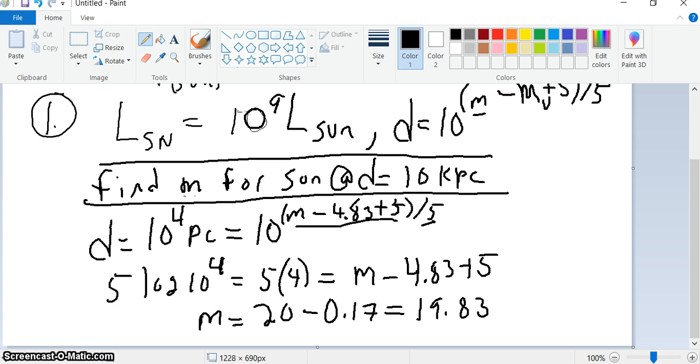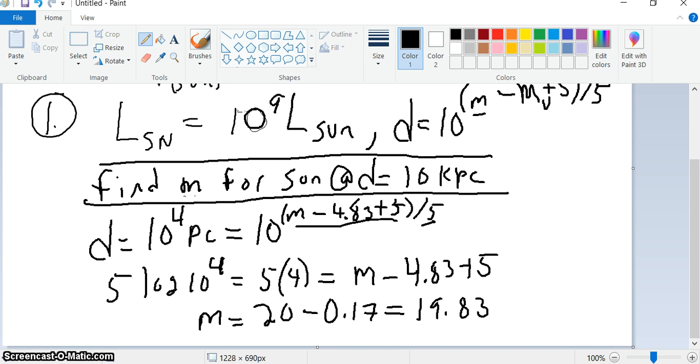Now that we know that that's what the sun would look like, remember that's what they told us in the problem. If the supernova had that apparent magnitude, how far away would it be? Remember, the supernova has a luminosity of 10 to the 9th times the luminosity of the sun.